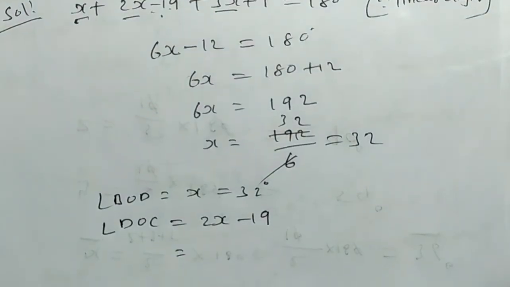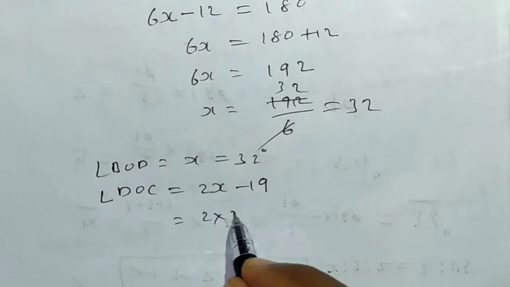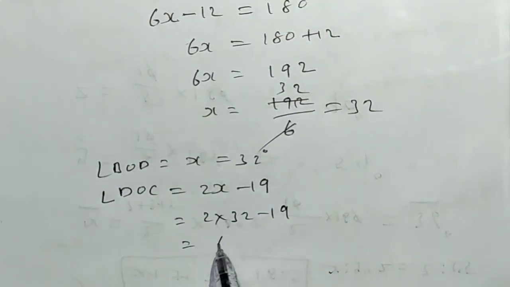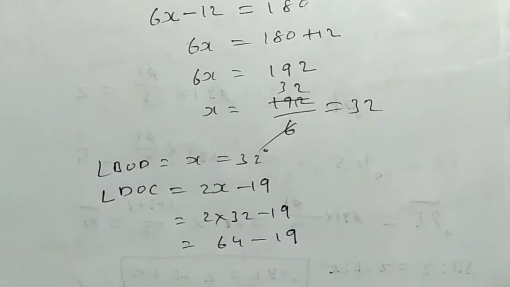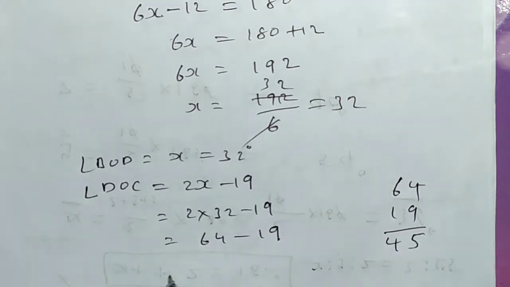That is equal to 2 into, we already have the x value 32, so 2 times 32 is 64 minus 19, which is 45 degrees.